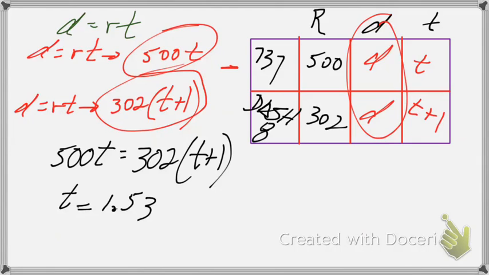Is that what they were looking for in this problem? How long will it take to overtake? Yes. So that is the answer that they gave you. If they wanted to find out how far apart they were from the airport, you'd have to take that time and plug it in times the rate in order to find out how far away they were from the airport. So, but anyway, that's that one.